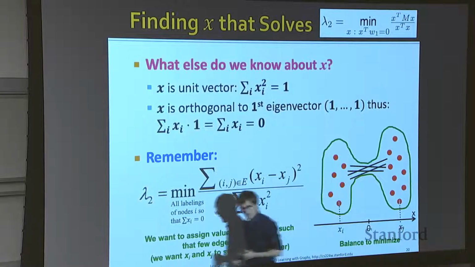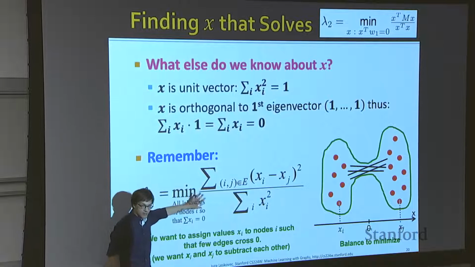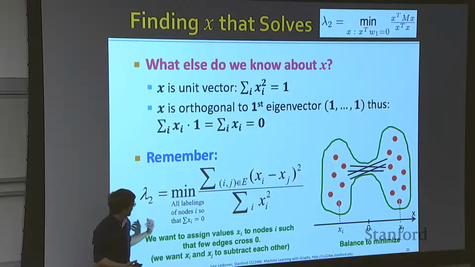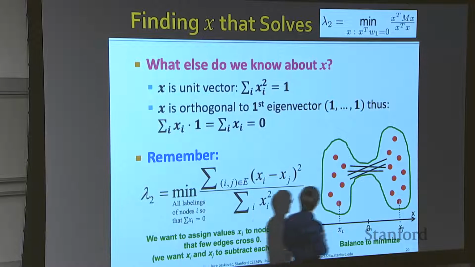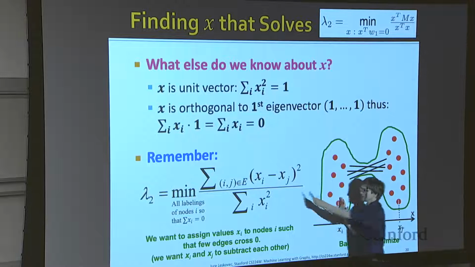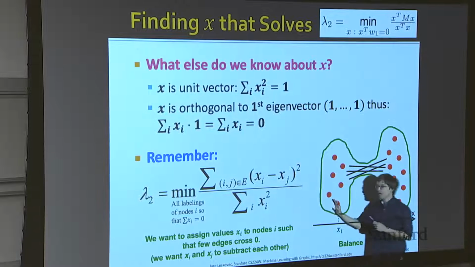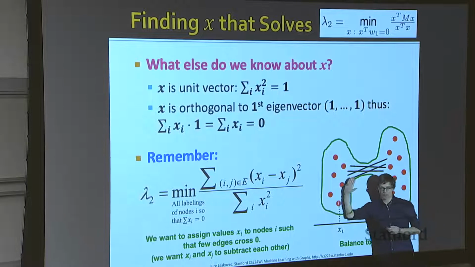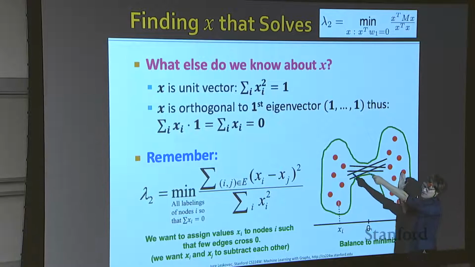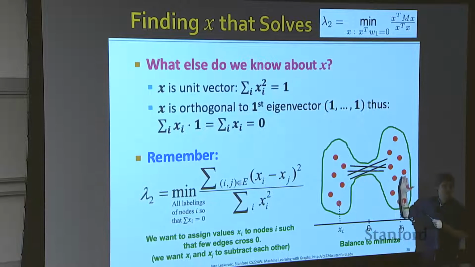So essentially, in order to minimize this, we want to take nodes that are connected to have the same value, so that these differences will be small. But we have to do it such that we put about half of the nodes on one side and the other half on the other side, because the sum over the coordinates has to be 0.